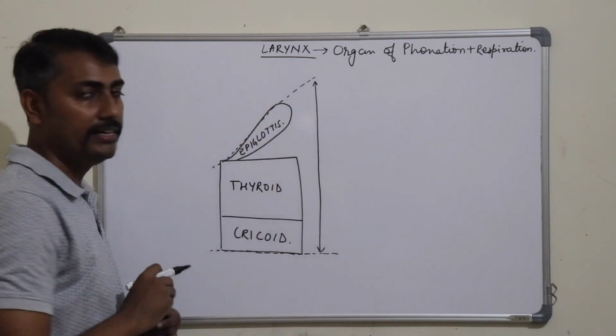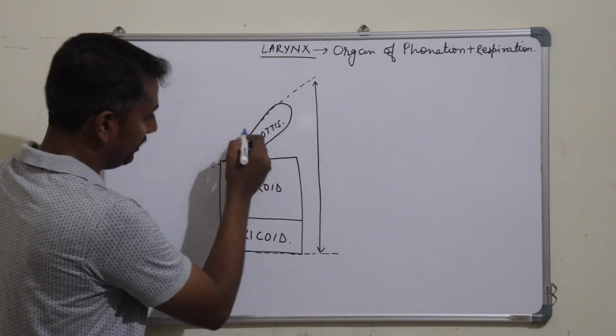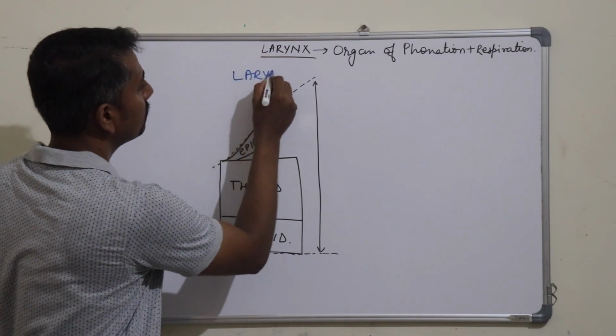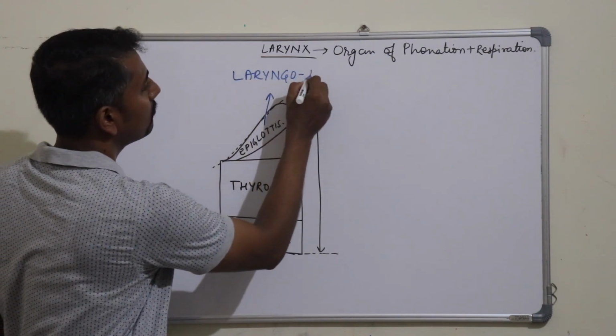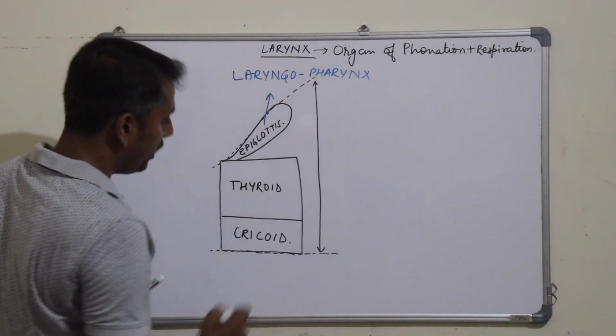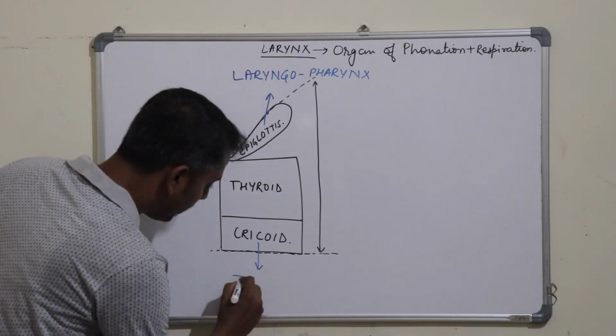of the cricoid cartilage. Above, the laryngeal cavity communicates with the laryngopharynx. And below, the laryngeal cavity communicates with the trachea.